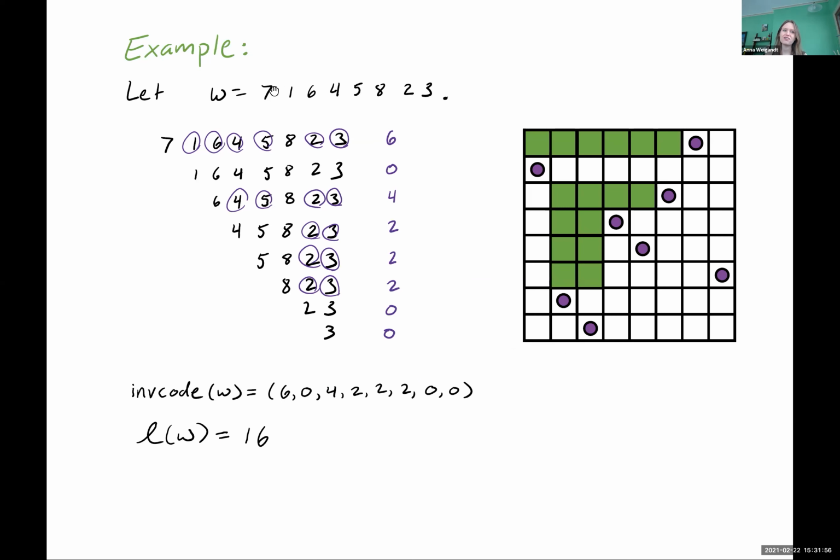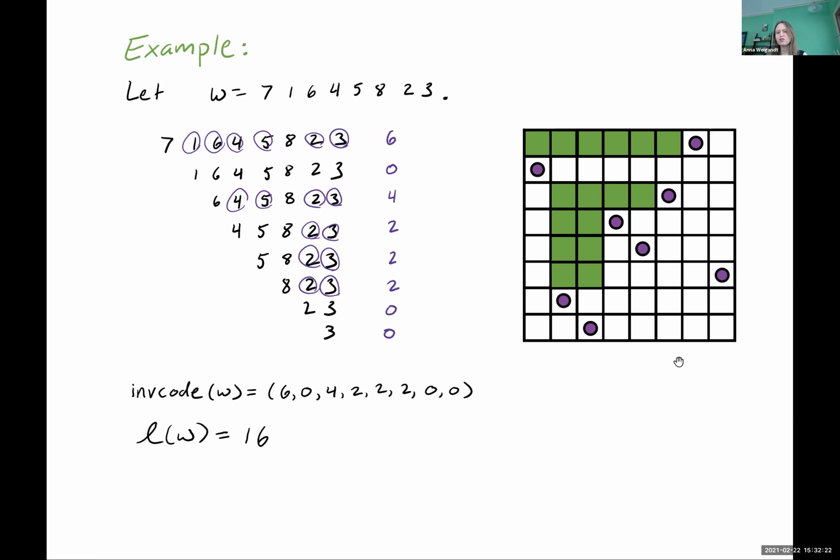Over here, I've started to write out this permutation w, and then at each step, I just drop off another entry from the front. And then I've circled the things that are in inversion with the different starting values of each row. So for instance, with this row 3, 6, we have 4 and 5 and 2 and 3 are all smaller than 6, so those get circled.